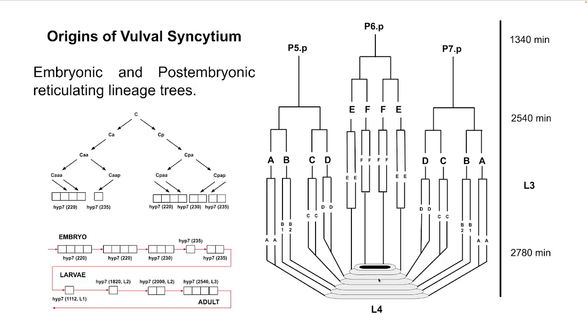So they form these different rings of the vulval syncytium, and they get laid down in L4. And then by adulthood, you have this structure. So this is a reticulating lineage tree coming down to the structure. Again, this is not our final product. We're just thinking about how to represent these things using the lineage tree, but modifying it to account for these syncytia.